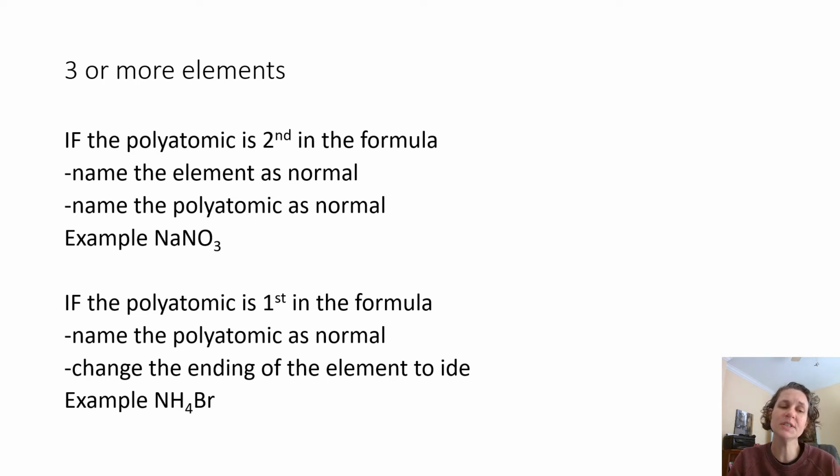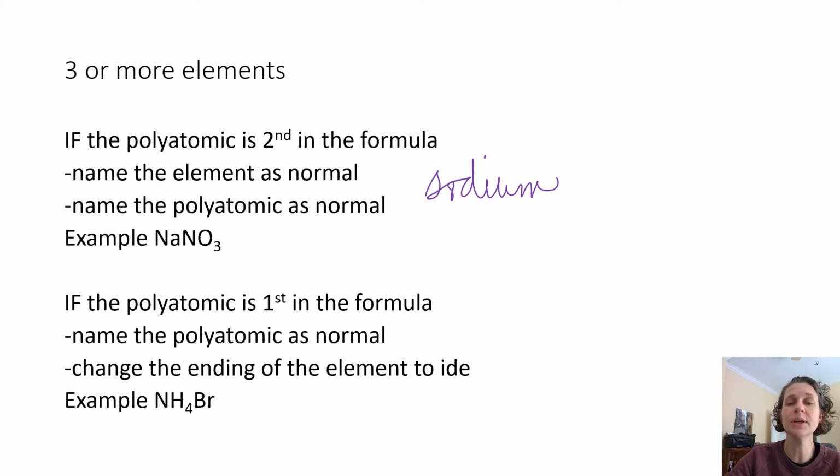I don't have parentheses around it, but remember if you put that, it will kind of set it apart when you're writing the formulas. So for NaNO3, Na is sodium. So I just name that as normal, nothing changes, no prefixes. And then same thing with the polyatomic. I don't have to change any endings. I just put what it is, and NO3 is nitrate.